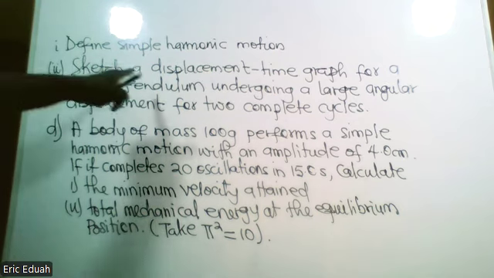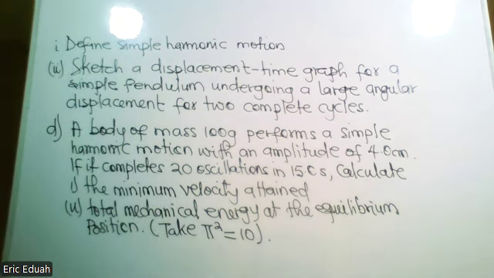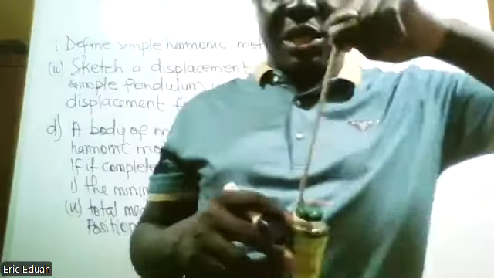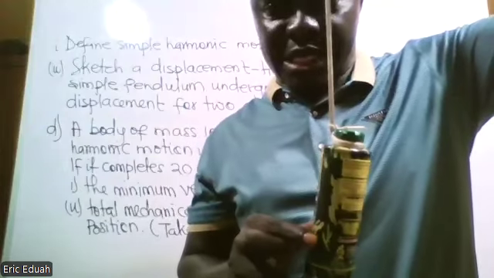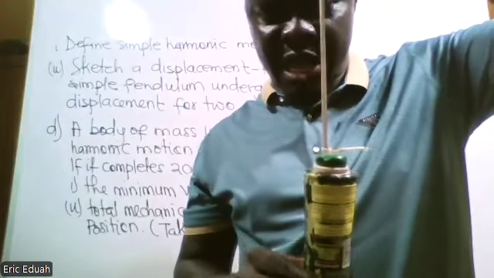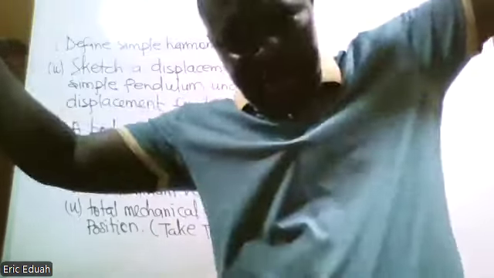Now sketch a displacement time graph for a simple pendulum undergoing a large angular displacement for 2 complete cycles. In the pendulum experiment, one of the precautions is that when you are displacing it, you don't displace it at a wide angular displacement.